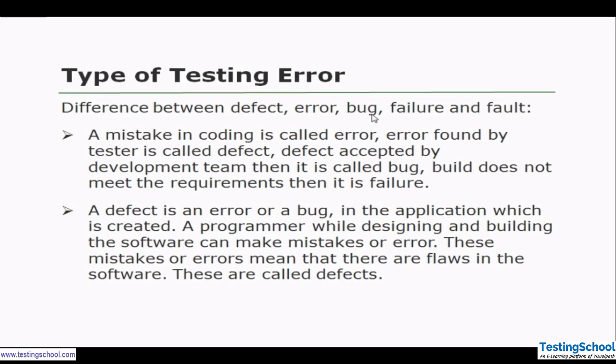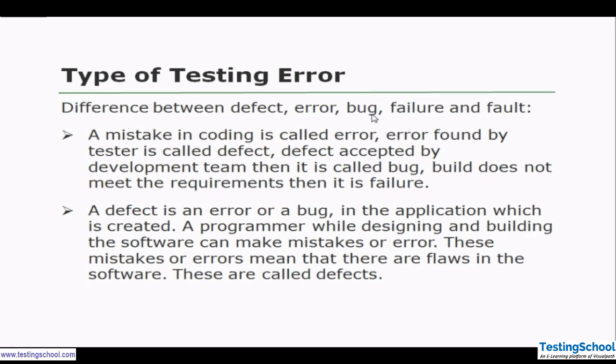In simple terms, if a developer has created any particular error, then it is a defect, and if the defect is accepted by that particular development team, then it is a bug, and a build that does not meet the expected criteria is a failure.